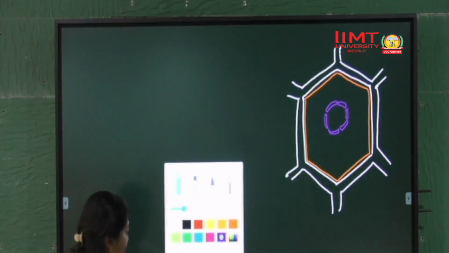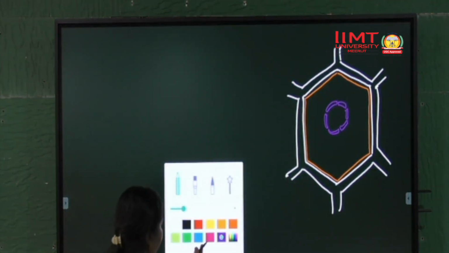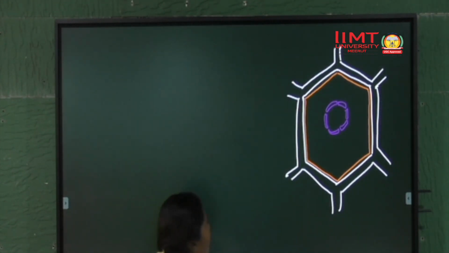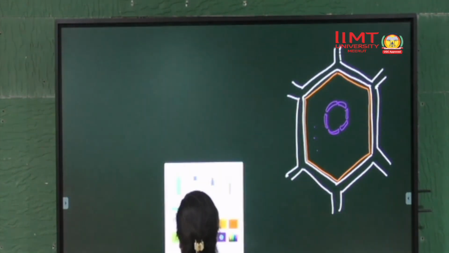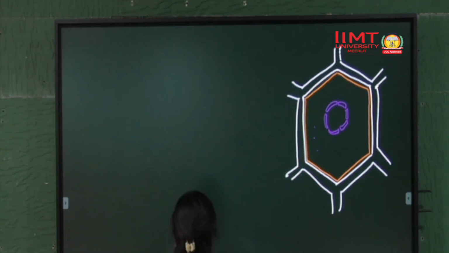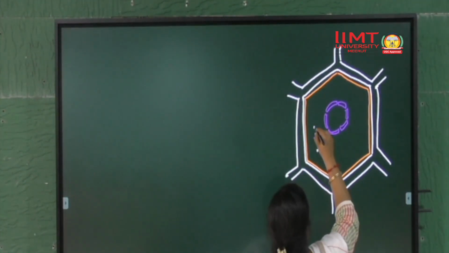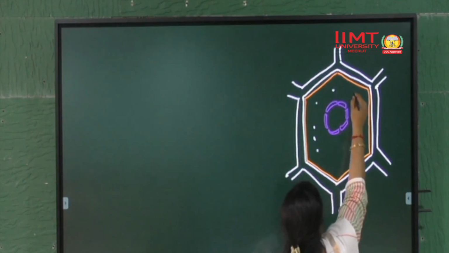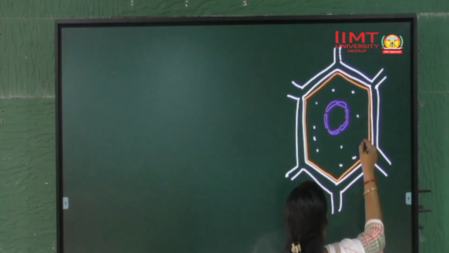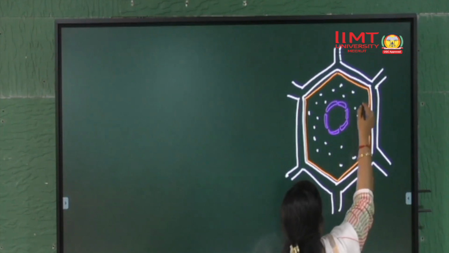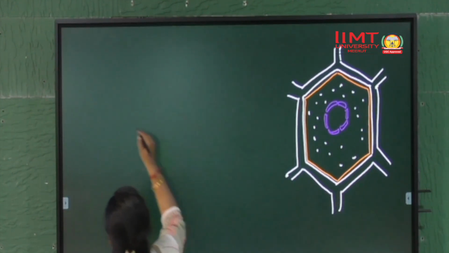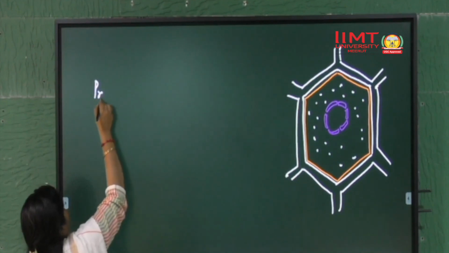nucleus. So what is important here to be discussed? The important part is, due to the presence of this protoplasm and this nucleus, the protoplasm has been divided into two parts.